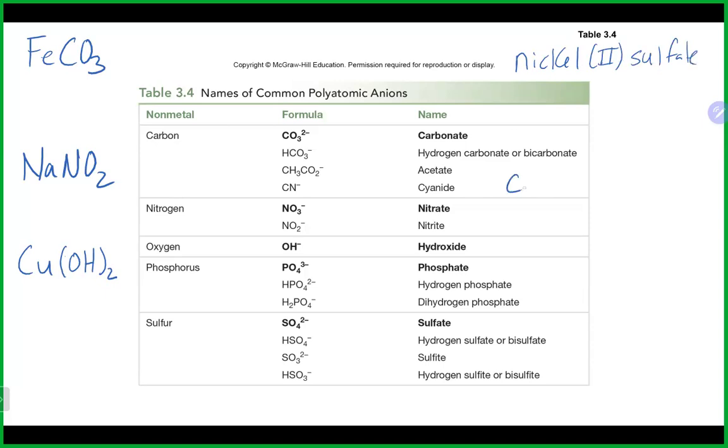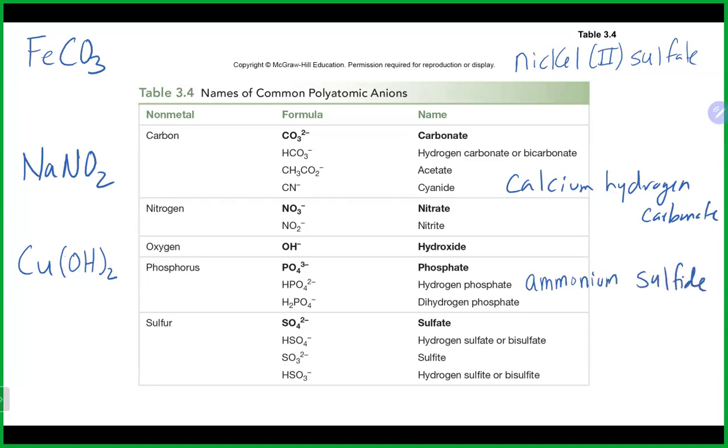Calcium hydrogen carbonate. And write the formula for ammonium sulfide.